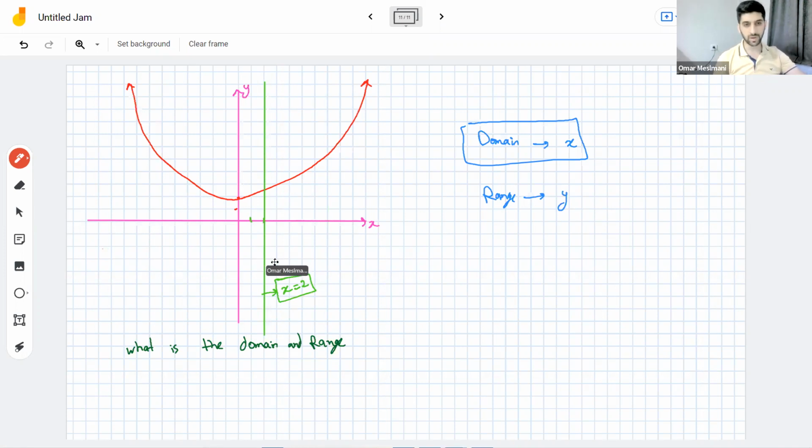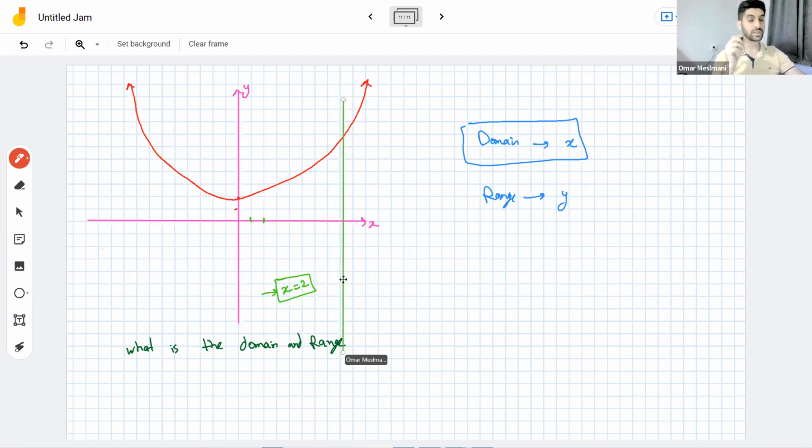If you move it to the right, it's going to be x equals 3, x equals 4, 5, 6, 7, 8, 9. You understand? So that's x equals 1, that's x equals 0, that's x equals -1, x equals -2, -3, -4, -5.